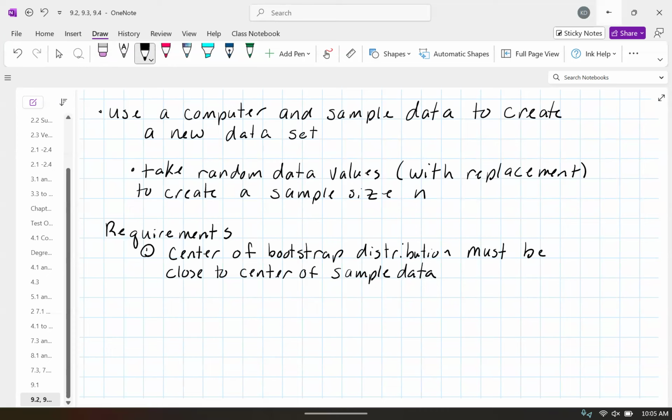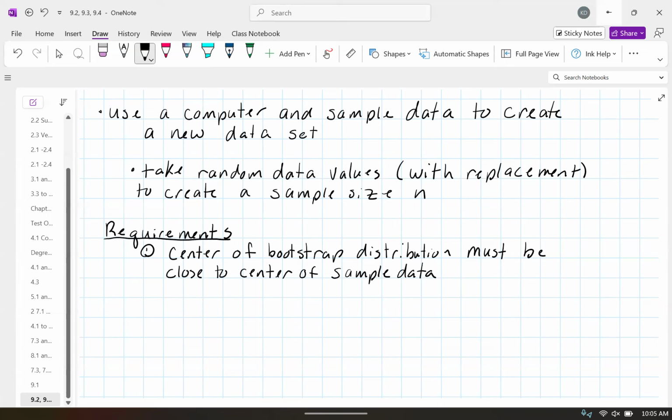And close is kind of relative. If the middle of your sample data is 10, and the middle of your new sample data is 20, that's probably not close if your numbers are all really small. If your numbers are really big, 10 and 20 aren't terrible. That's not a lot apart. So it just kind of depends on your data. That's a lot of statistics, unfortunately. It depends.